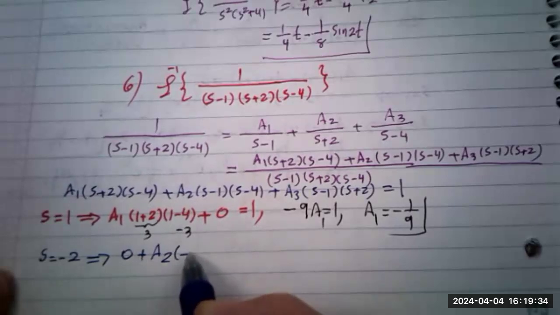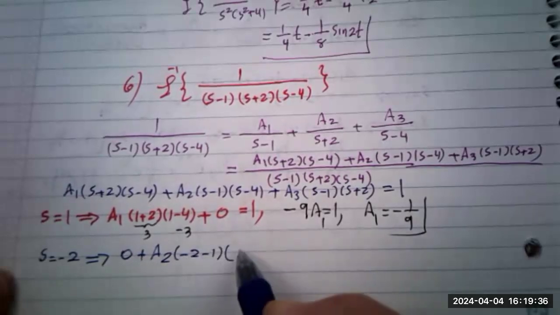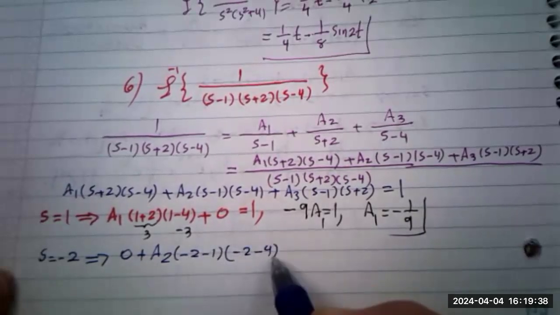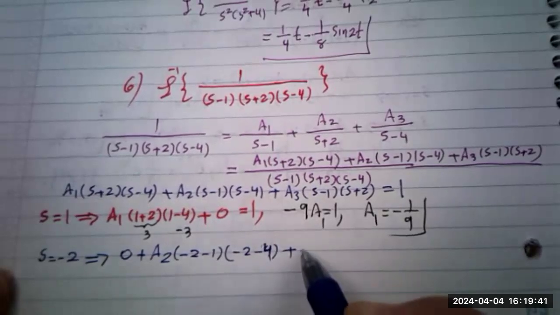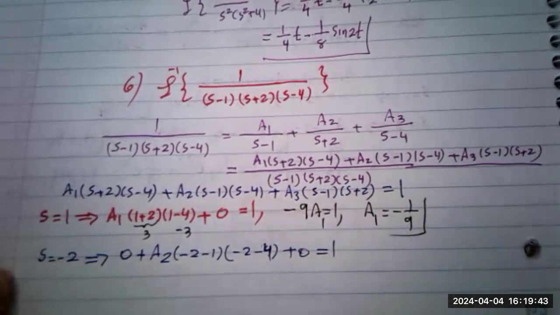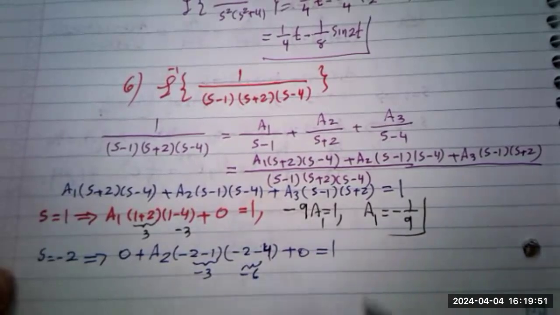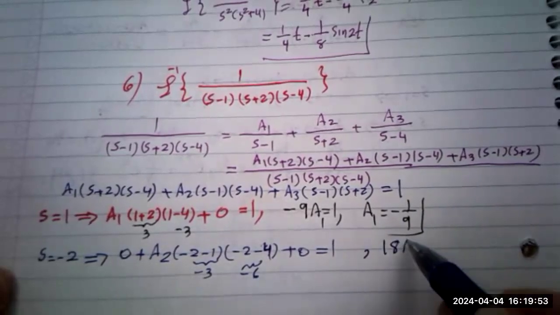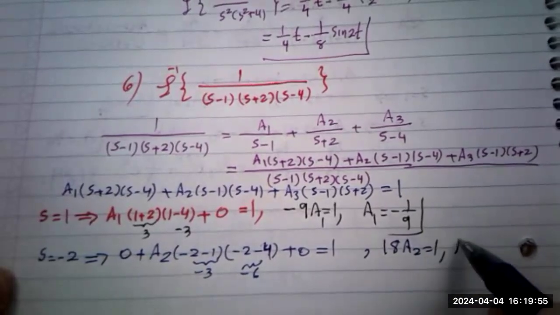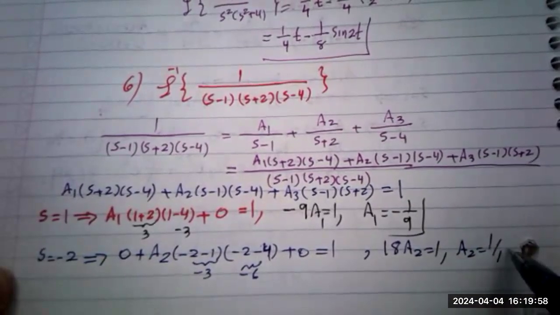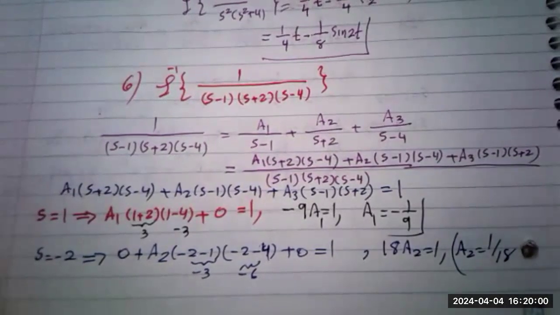A2 times negative 2 minus 1 times negative 2 minus 4. The middle one would be also 0 on the other top is 1. And so that would give us a negative 3 and the negative 6. So you get 18 A2 equal to 1. So A2 would be 1 over 18. So that would be A2.